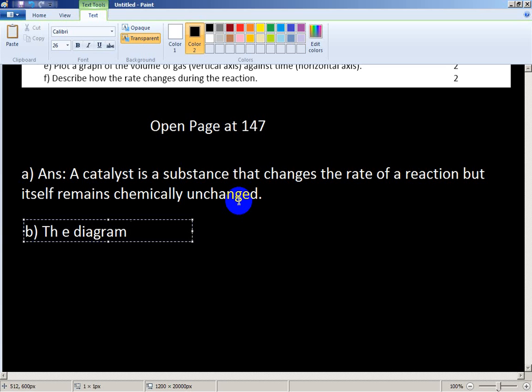Page 147, look at the diagram of suitable apparatus for this experiment.